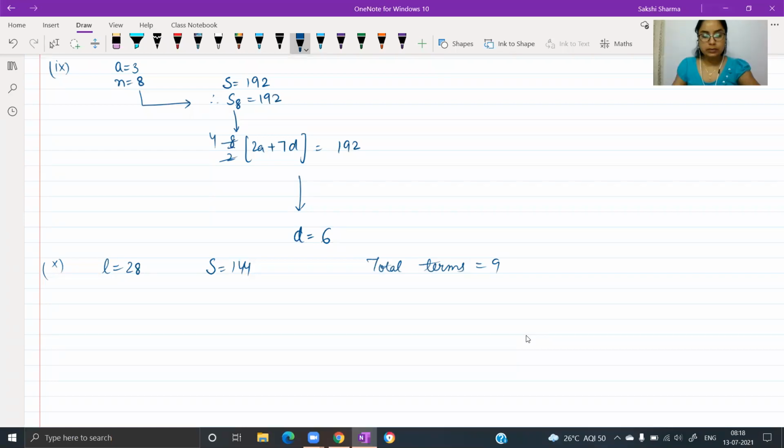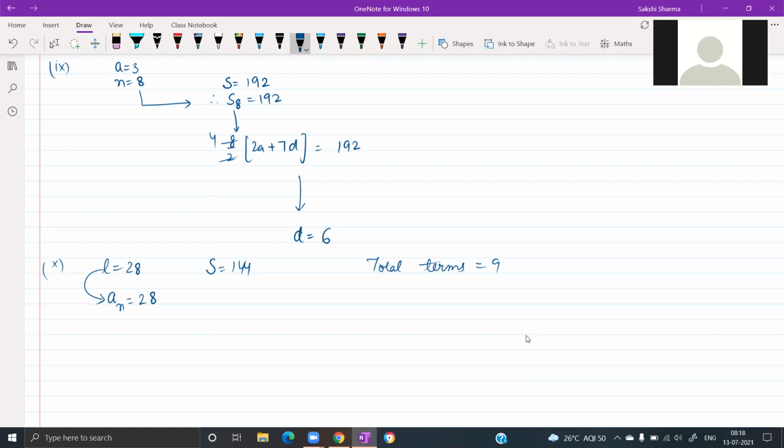How do we proceed? Can anyone tell me what's given to us? Ma'am, can I? Yes, go ahead, Manya. Ma'am, an equals 28, the last term being represented by an.